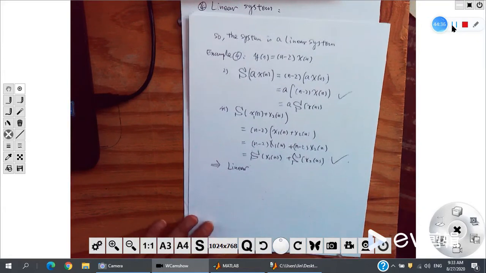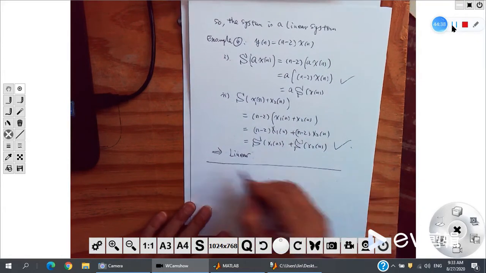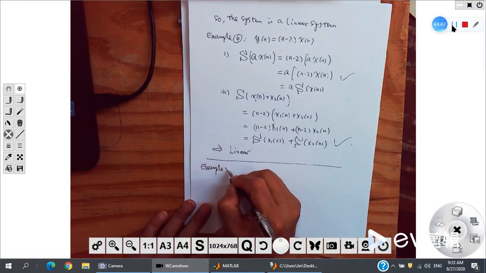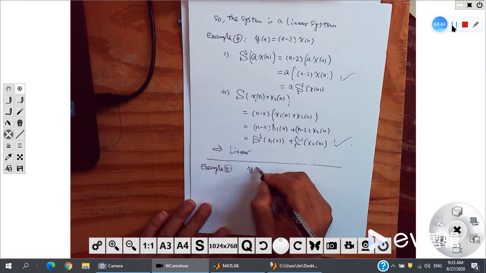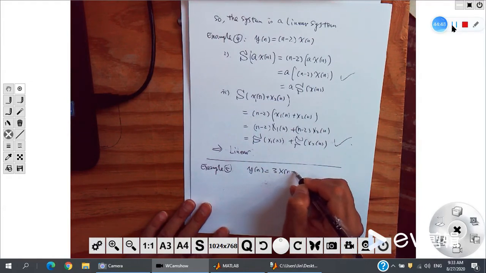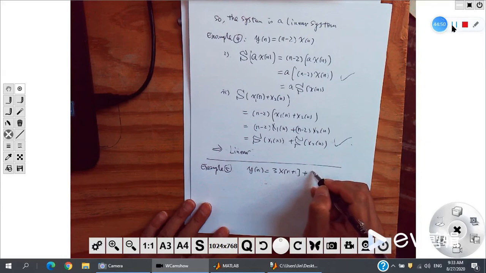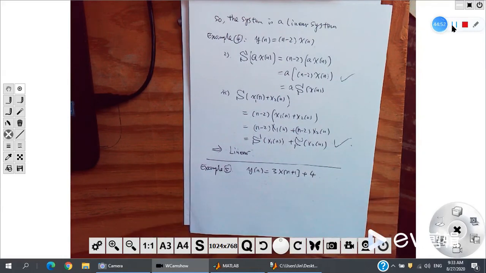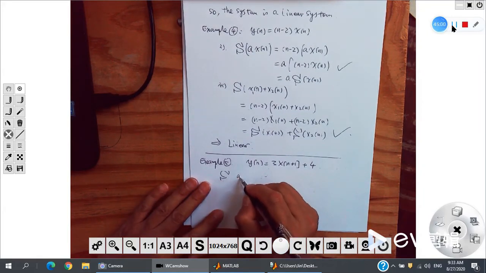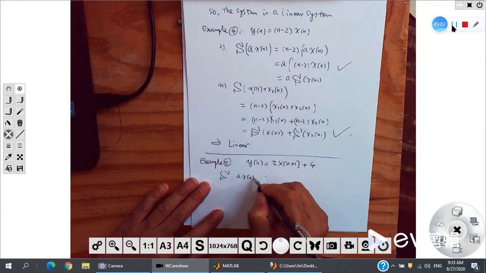And I can give one more example which is not linear. Example 5. We have y of n equal to 3x of n plus 1, plus 4. So this is also a system, right? Then we can see, if we multiply by a on x, we use this as input.